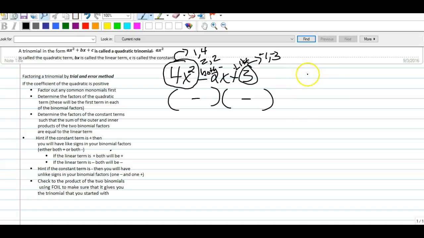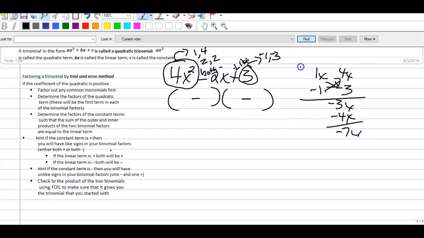So let's look at possibilities here. The factors for your quadratic term are 1x and 4x, and the factors for your constant term, since the signs are alike here and the only factors of 3 are 1 and 3, will be negative 1, negative 3. So let's look at all the possible combinations. 1x times minus 3 is minus 3x, and minus 1 times 4x is a minus 4x, and that gives me a minus 7x.